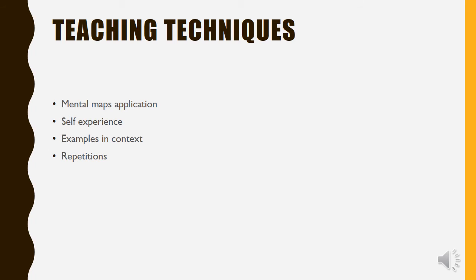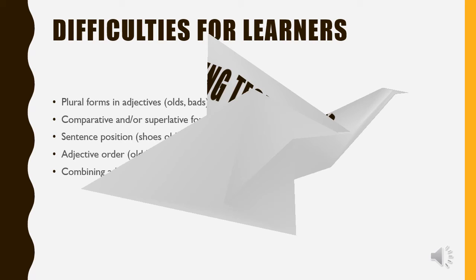It could be a short story, a poem, articles from newspapers and magazines, and identify those adjectives mentioned in those readings. And the repetitions, of course, would be applied more to those oral activities where the students have to repeat some adjectives in different ways to memorize and try to pronounce them correctly.